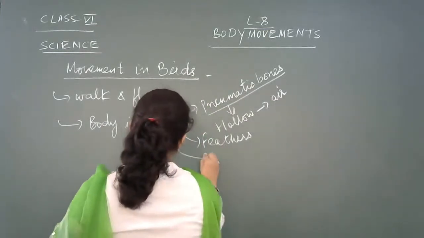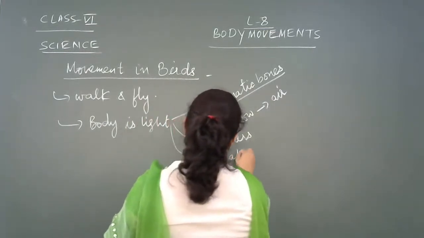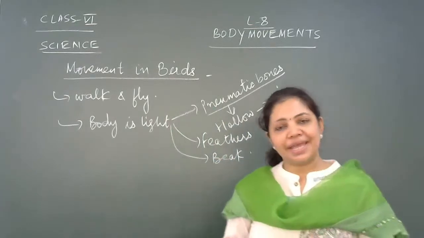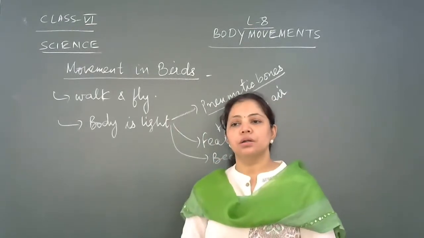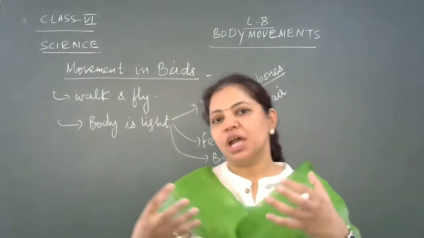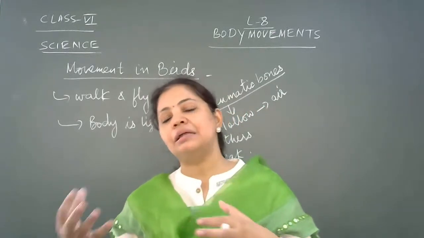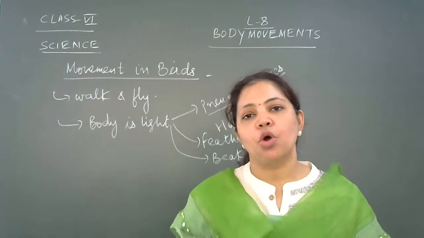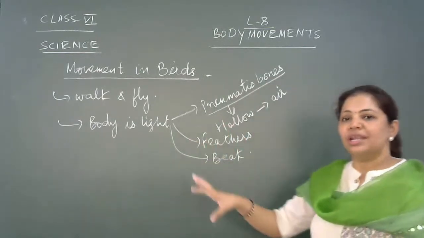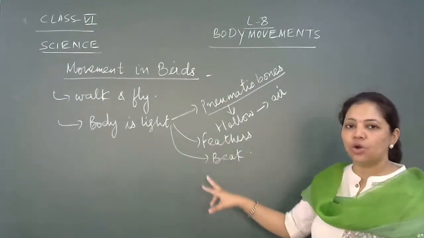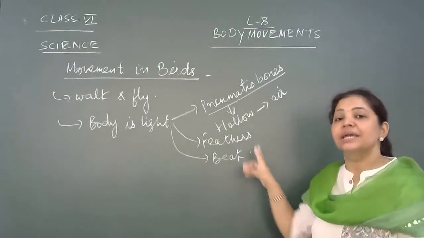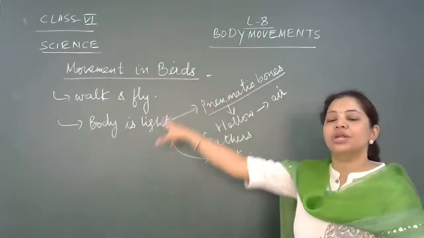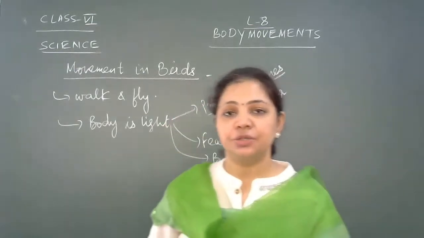Another thing is that they have a beak. In a bird, in place of typical mouth parts like jaws and other parts which can add weight to the body, it is totally replaced by a beak. So that also, to some extent, keeps the body very light. Right?